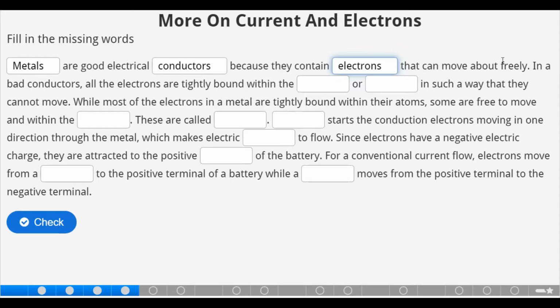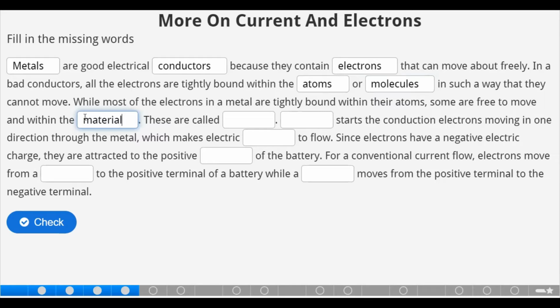In a bad conductor, all the electrons are tightly bound within the atoms or molecules in such a way that they cannot move. While in a metal, some electrons are free to move within the material. These are called conduction electrons.